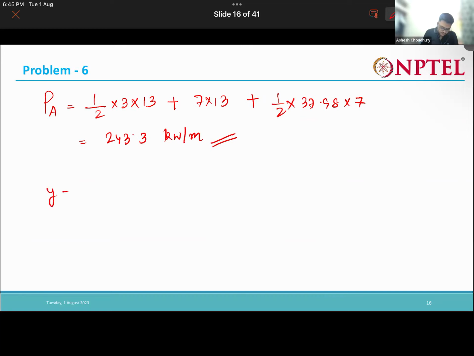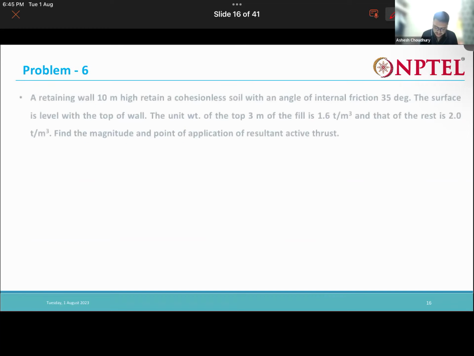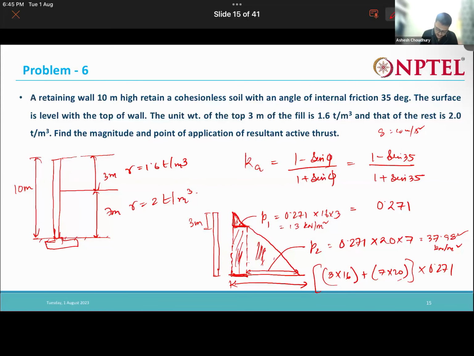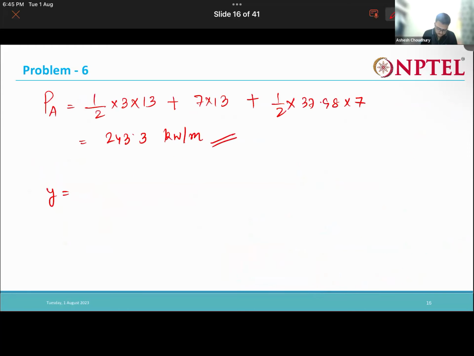Right. Now we need to find out the point of application of this active thrust. So where is it actually acting? This PA, where is it acting? For that, we will find the centroid of this total figure, right? This one is 19.5, this one is 91, this one is 132.3.